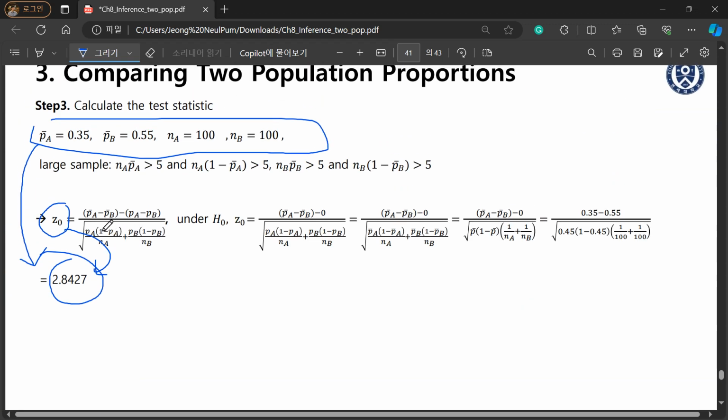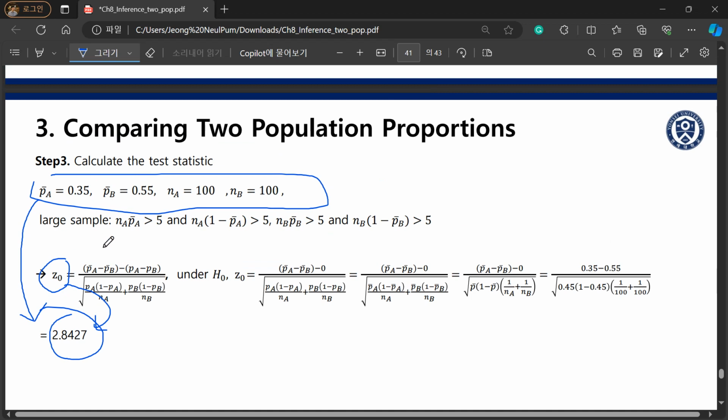I think this is a typo here. Our test statistic is positive because of the square root value, and this is PA bar minus PB bar.